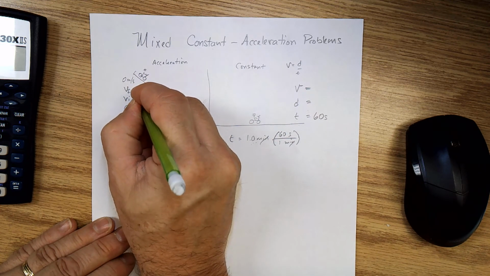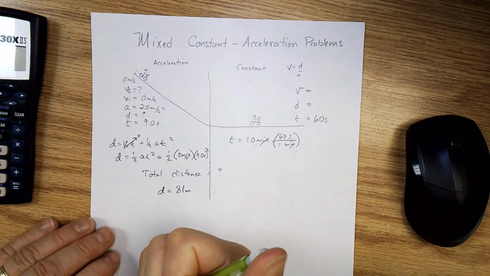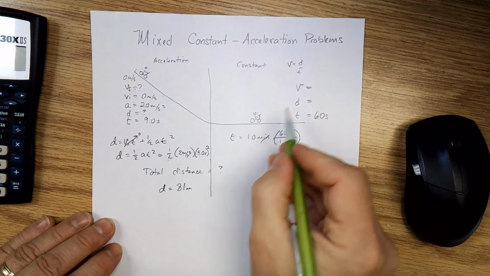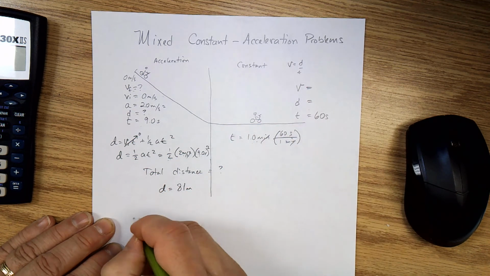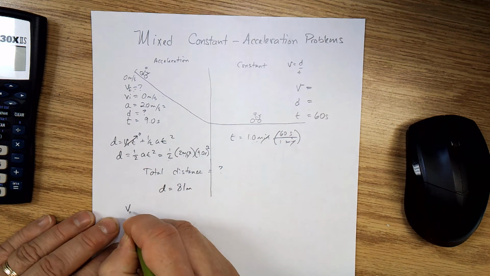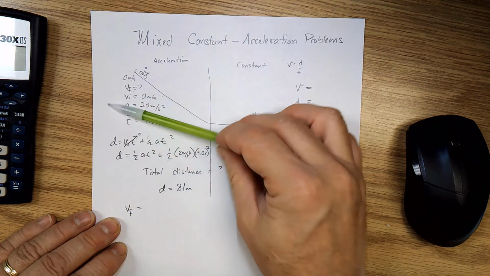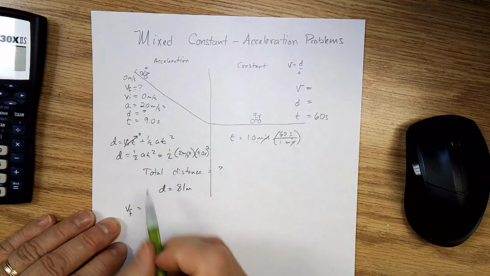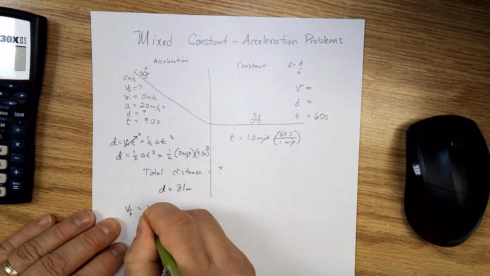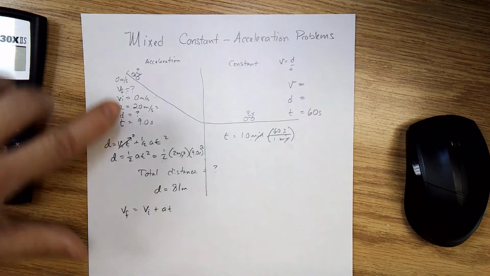So what is the final speed? I'm going to do a little problem over here to figure out the speed it is coasting along at. VF is what I want to find, so I'm going to ignore my D information, because I already have it. VF equals VI plus A times T is an equation that has no D in it.